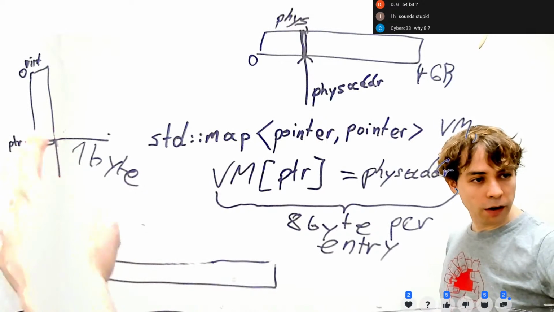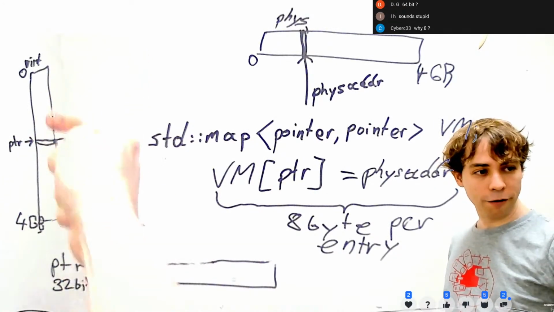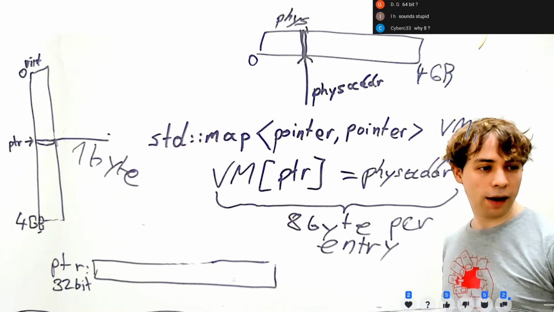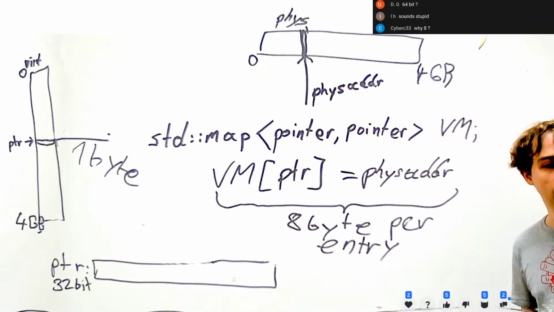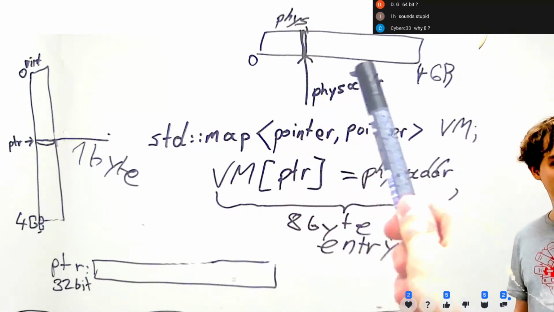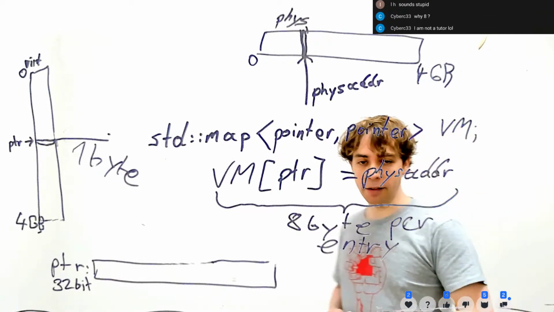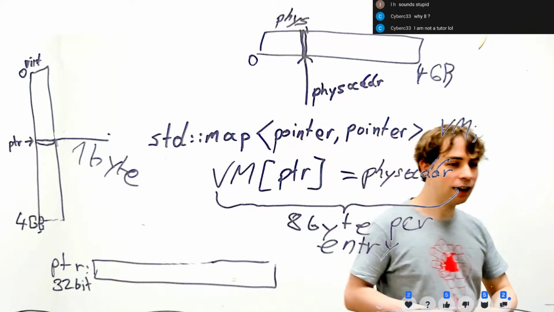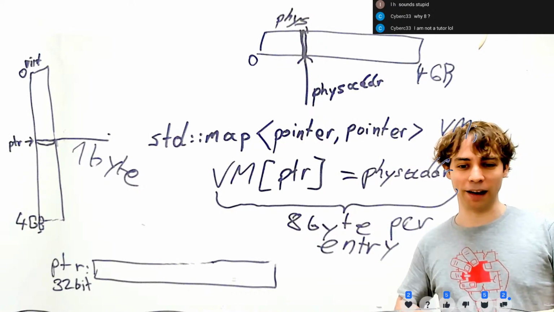A pointer in our virtual memory needs 32 bits to be able to index any offset in this virtual address space. But in the physical address space, we also need exactly 32 bits to be able to access any index. And that's why we need 4 plus 4 bytes.